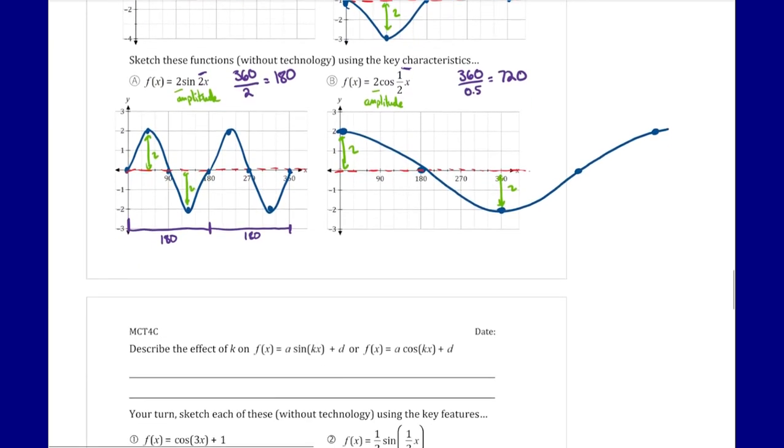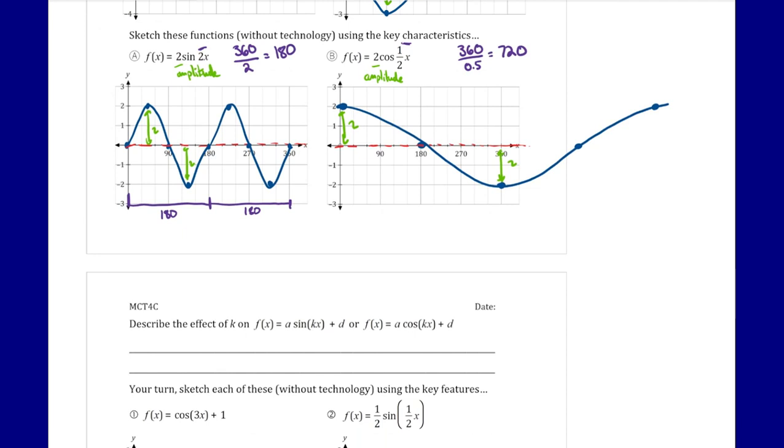So how does this k value, the one that's attached to the x, affect our function? Well, it tells us how many cycles there are per 360 degrees. We can also figure out the period by doing p equals 360 divided by k.